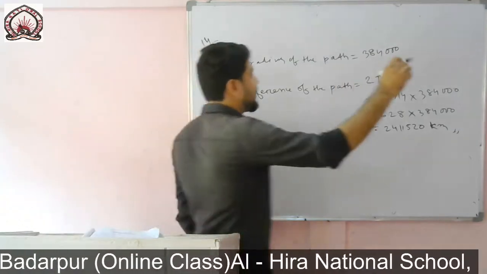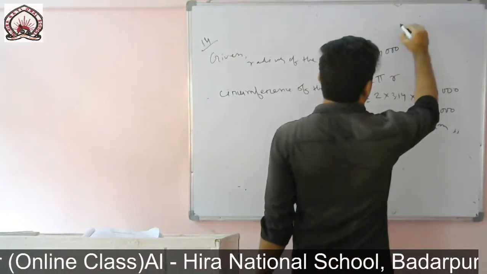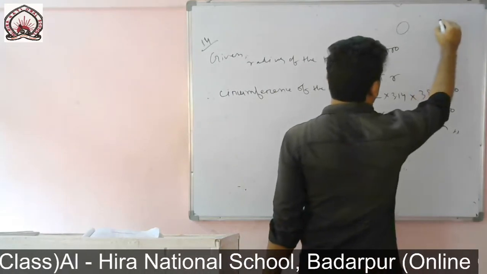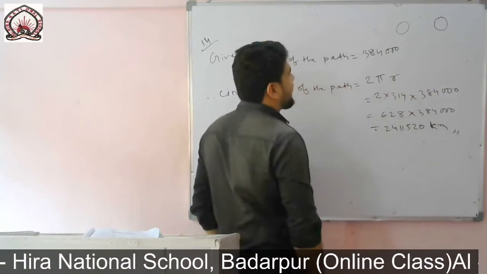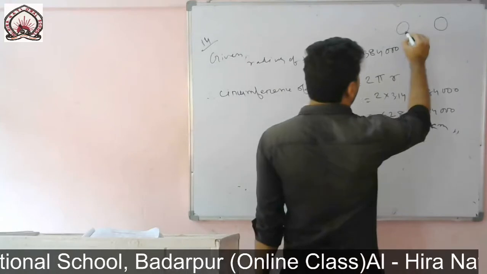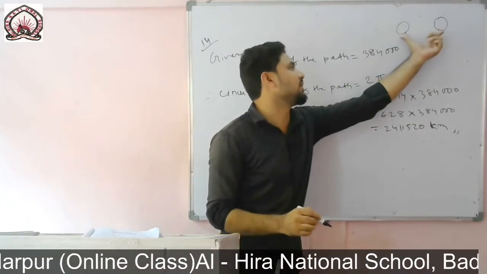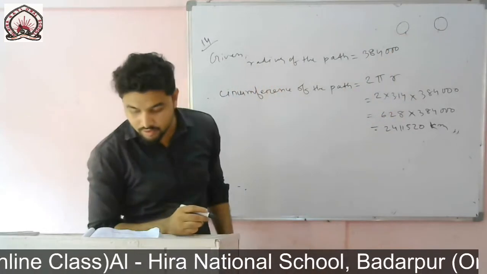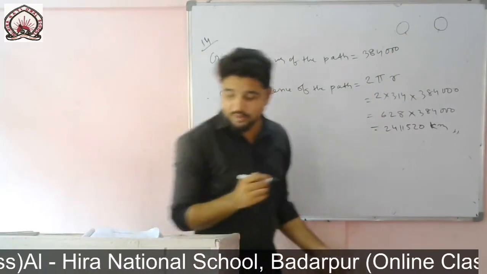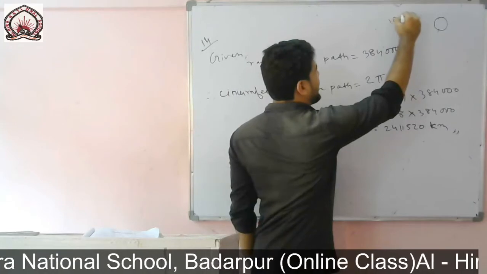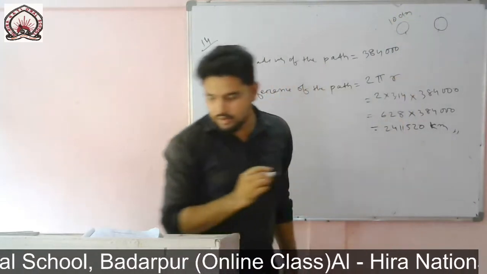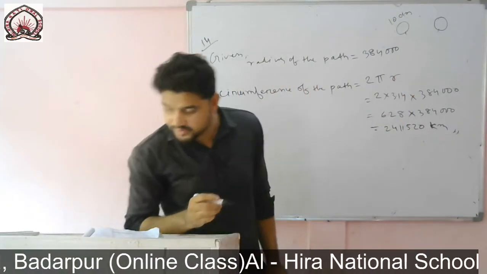Suppose these are the two wheels. We have to find the difference between the distance traveled by the first wheel and the second wheel. The circumference of the first wheel is given 10 dm, and here given 16 dm.